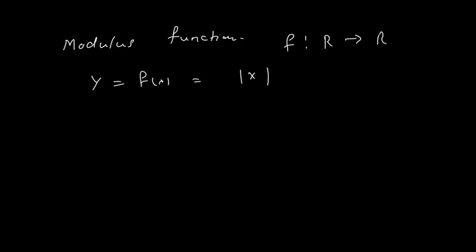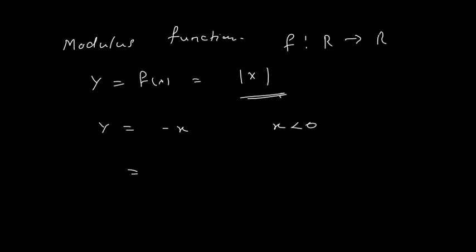Now mod x always gives you a positive value, whether x is negative or positive, your result y will always be positive. So I can redefine this function as y is equal to minus x when x is less than 0, because when x is less than 0, the value of x is negative, and when I multiply this negative number by negative, I will get a positive value, which is my requirement, because y is equal to mod of x.